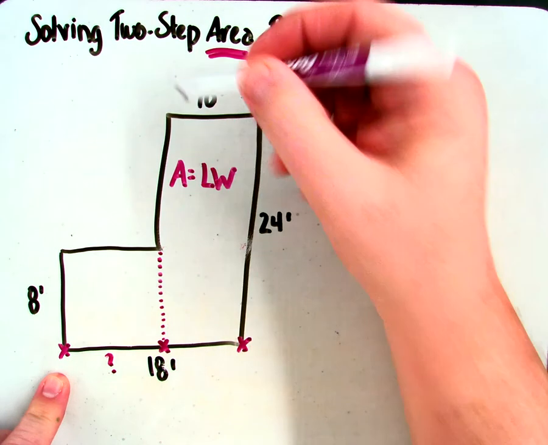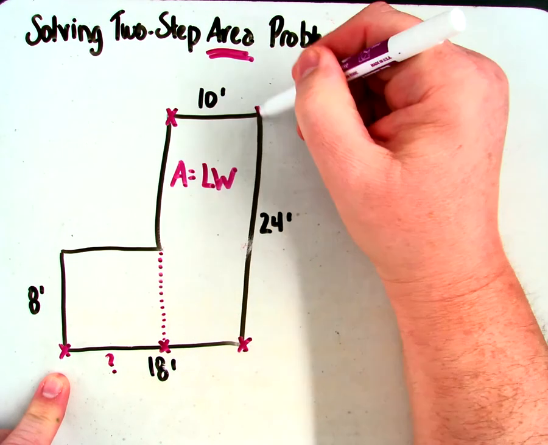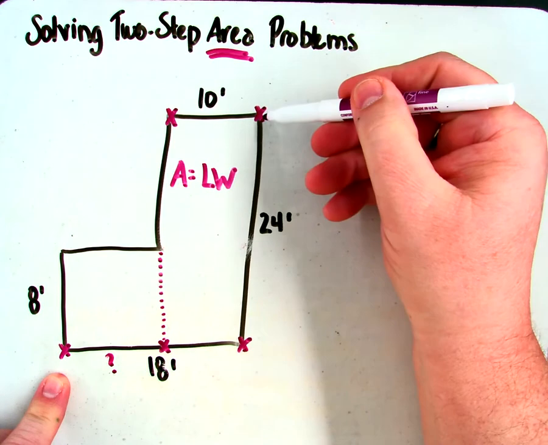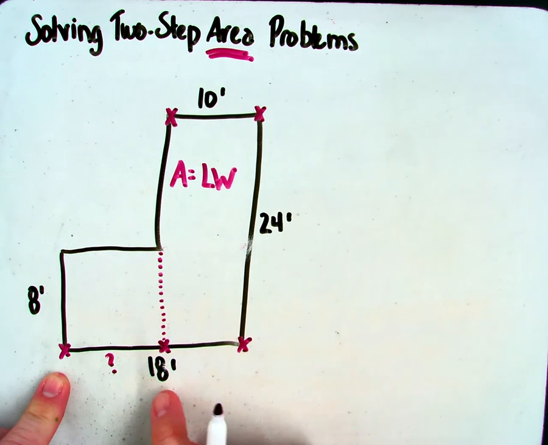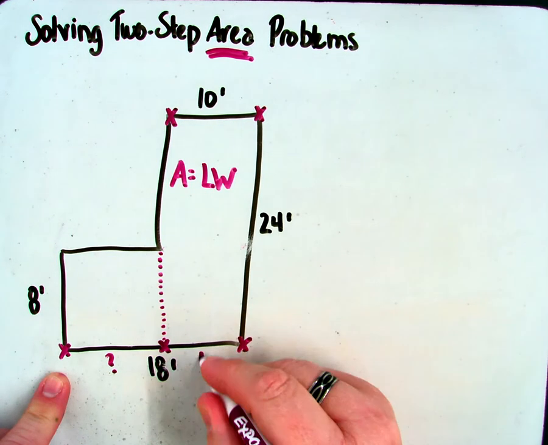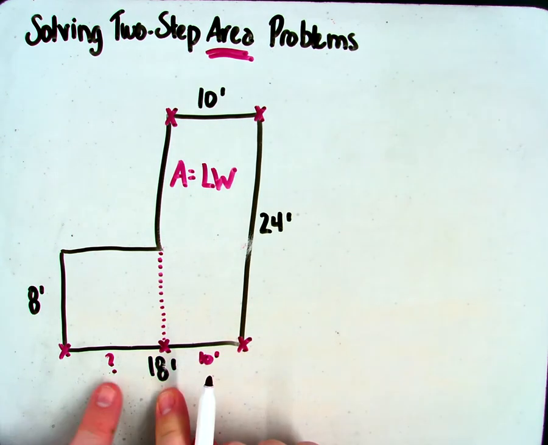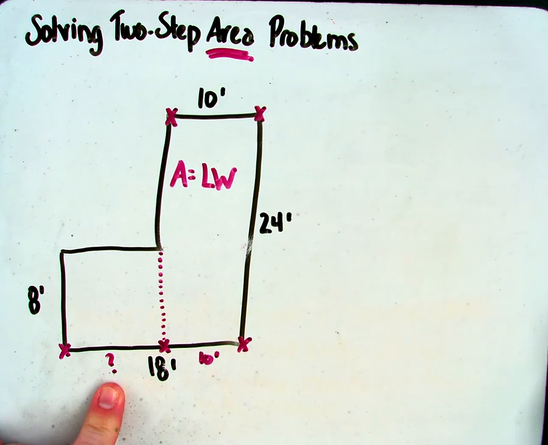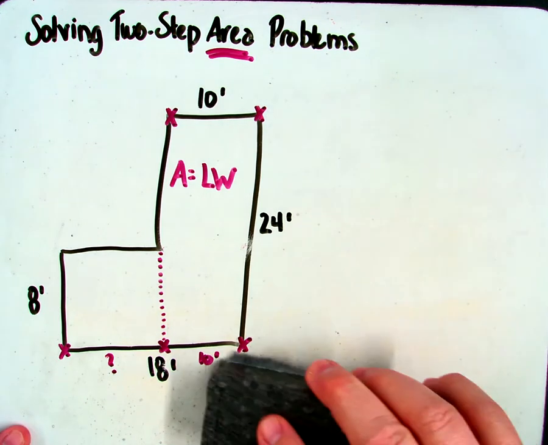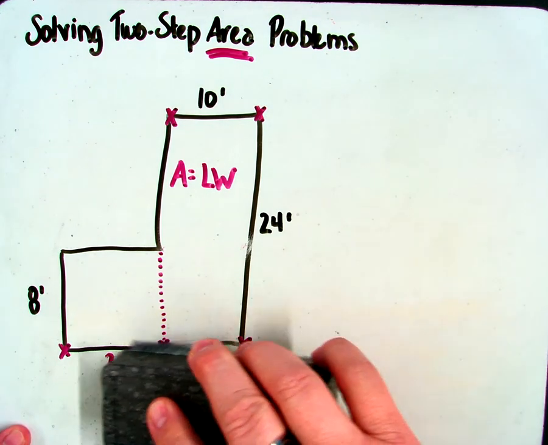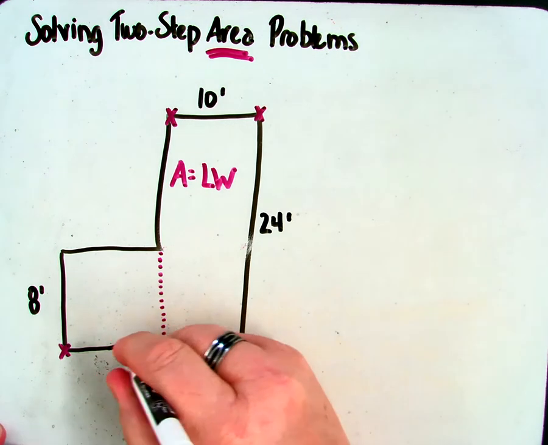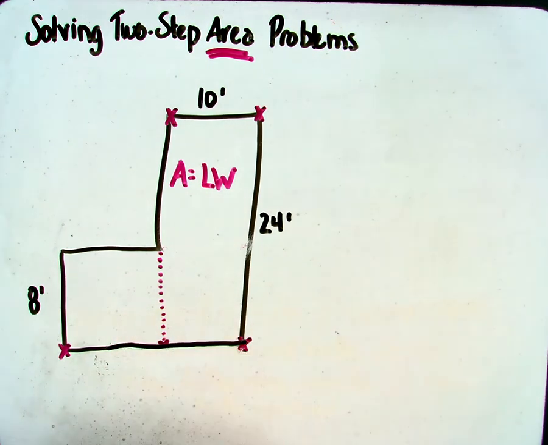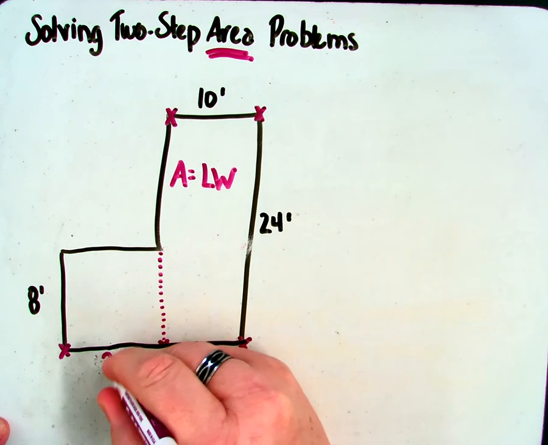Yes. We have this measurement here, which is 10 feet. So if this measurement is 10 feet, then this measurement is going to be 10 feet as well. So if we take 10 feet out of our 18 feet, what does that leave for our base of this rectangle? That leaves 8. So I'm going to clean this up a bit. And I'm going to make this 8 feet as well.